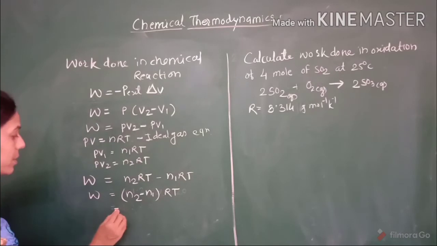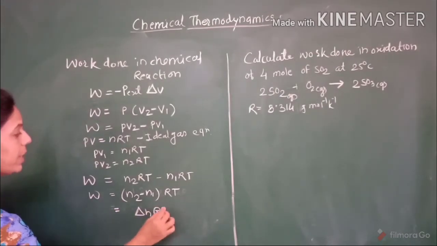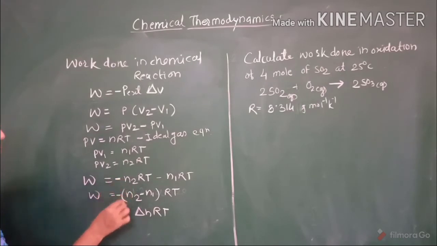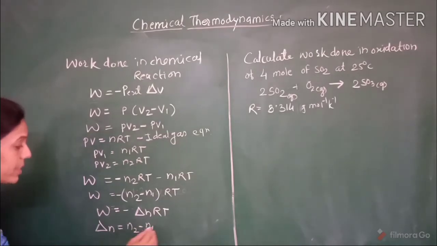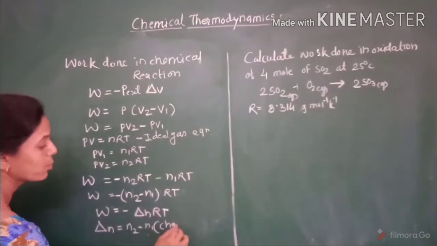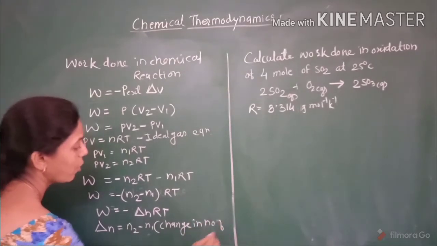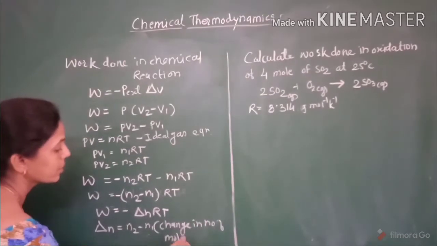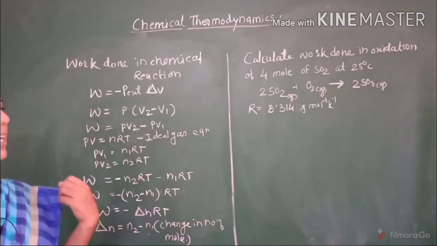So here n2 minus n1 means del n RT, and with the negative sign, your equation becomes W equals minus del n RT. Now what is del n? Del n equals n2 minus n1, that is the change in number of moles: the number of moles of products minus the number of moles of reactants.